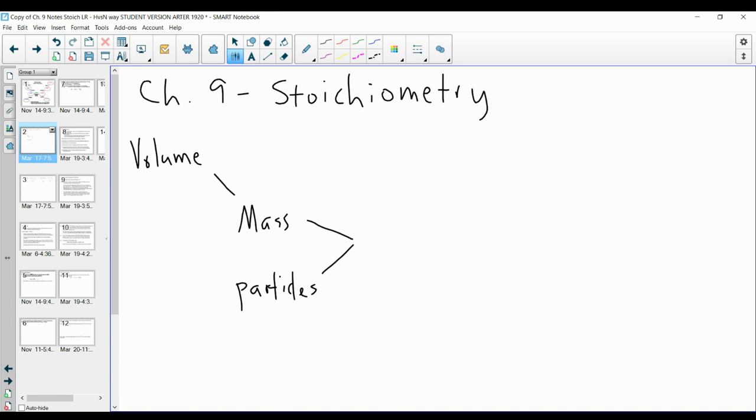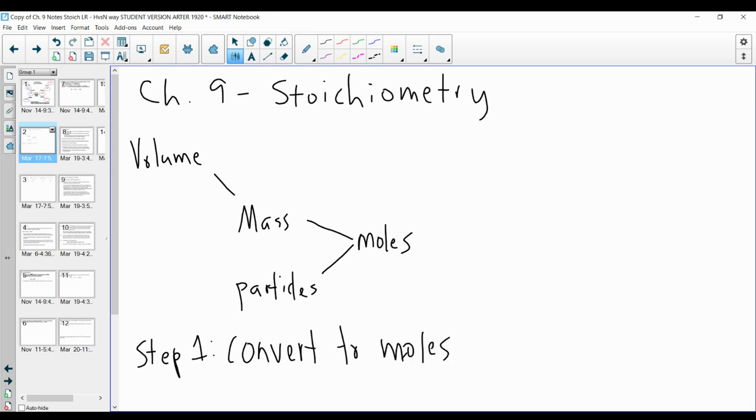The first thing that you want to do, and this is your step one, is you're going to convert to moles. Okay, so step one is going to be convert to moles. That should sound very familiar. And these steps are going to be the same as they were before. So after we convert to moles, we're going to go through the mole ratio.